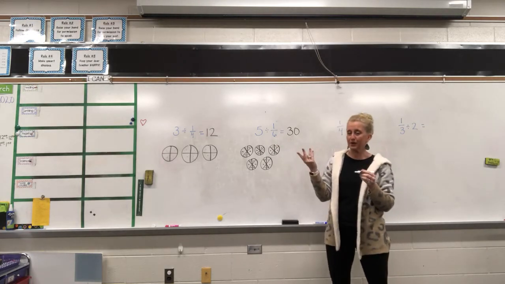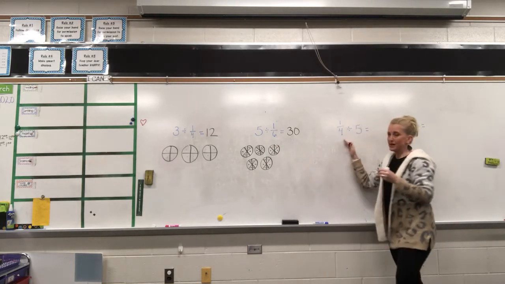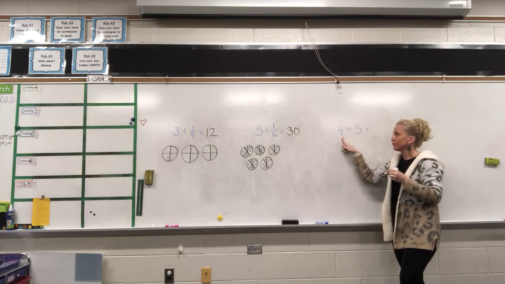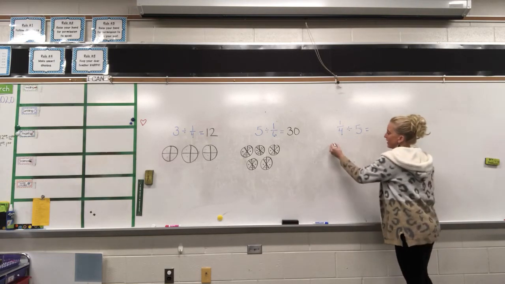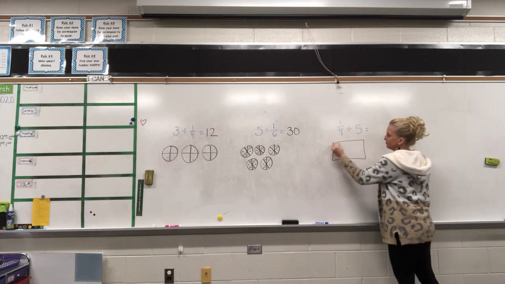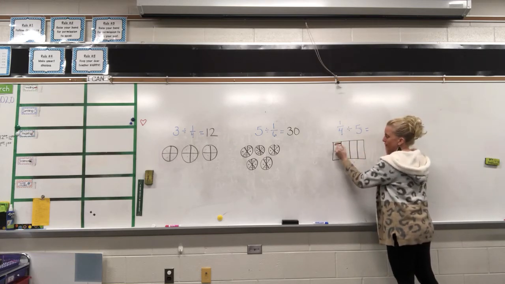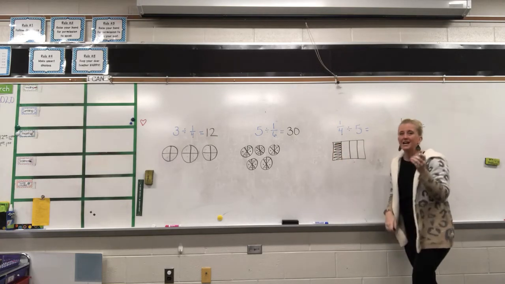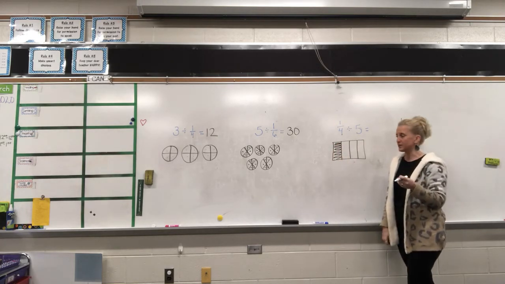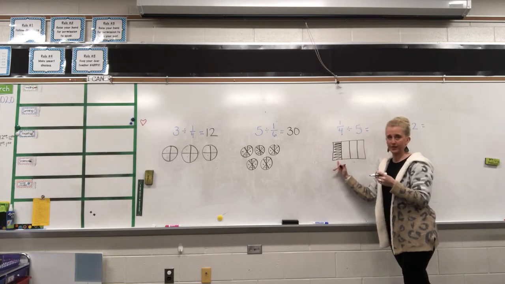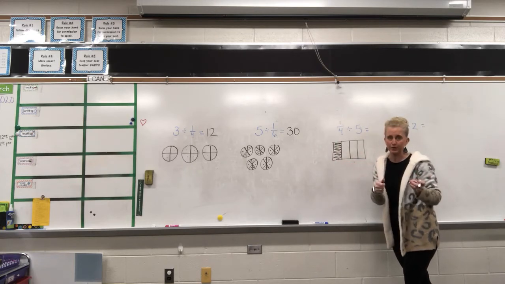Then if we flip it around, it is different. So now if I do the fraction first, 1/4 divided by 5, that means I've got 1/4 of a candy bar, and I'm dividing it into 5 pieces. So maybe you have this part of your candy bar and you're going to split it up with a bunch of friends.